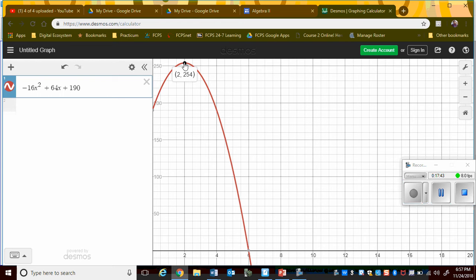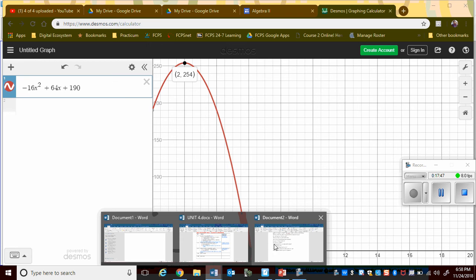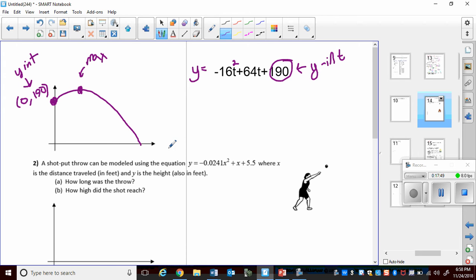It's (2, 254). I can do this with Desmos easily. So when I go back, my maximum, I'm going to put on my graph, (2, 254). Now, my x-intercept is right here.